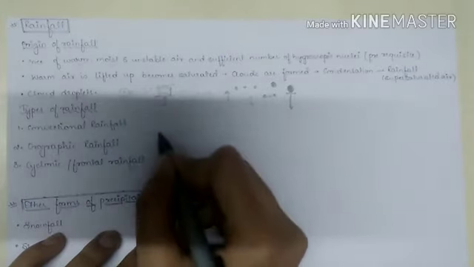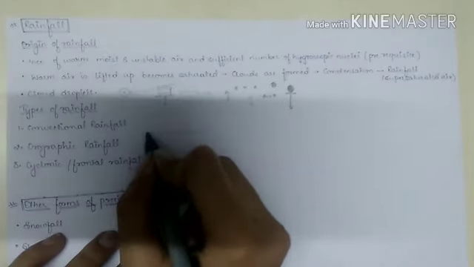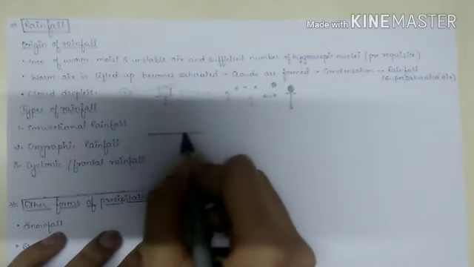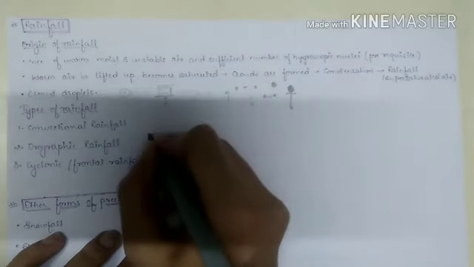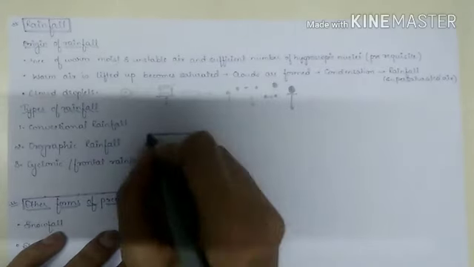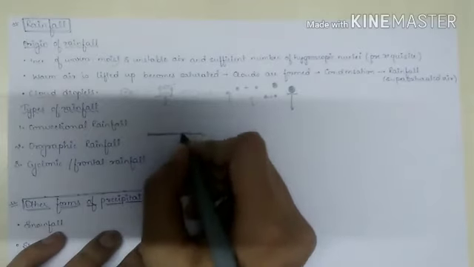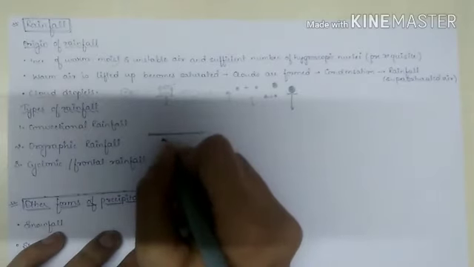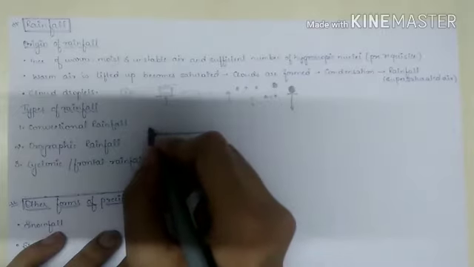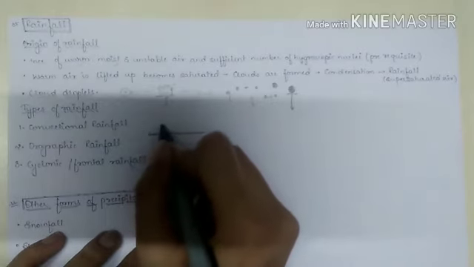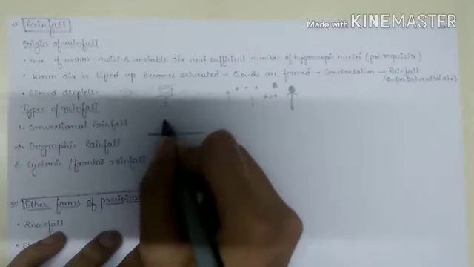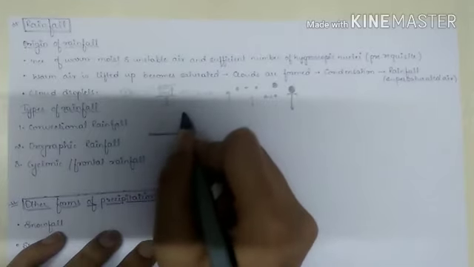In thermal convection, this is the ground, and this is a warm or hot ground surface, and due to thermal convection the moist and warm air is heated up, and because it is heated up it rises, and as it rises it forms cloud.